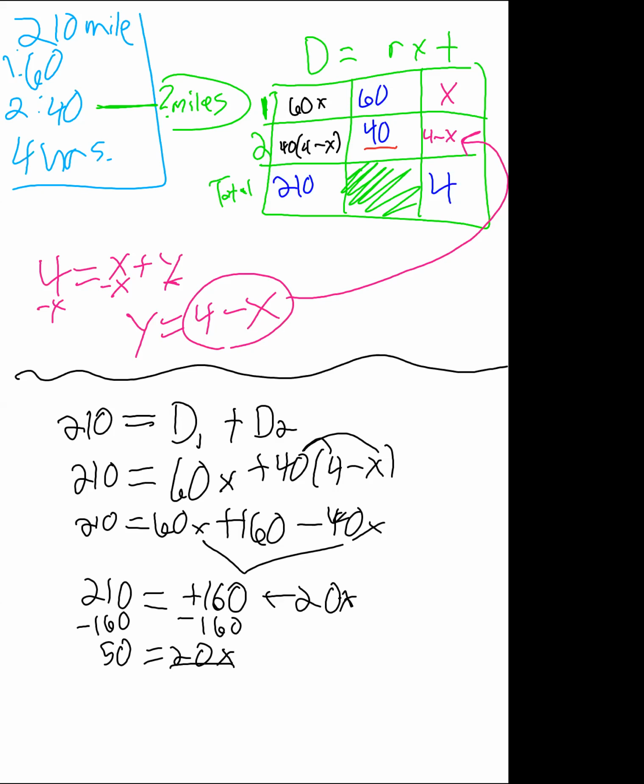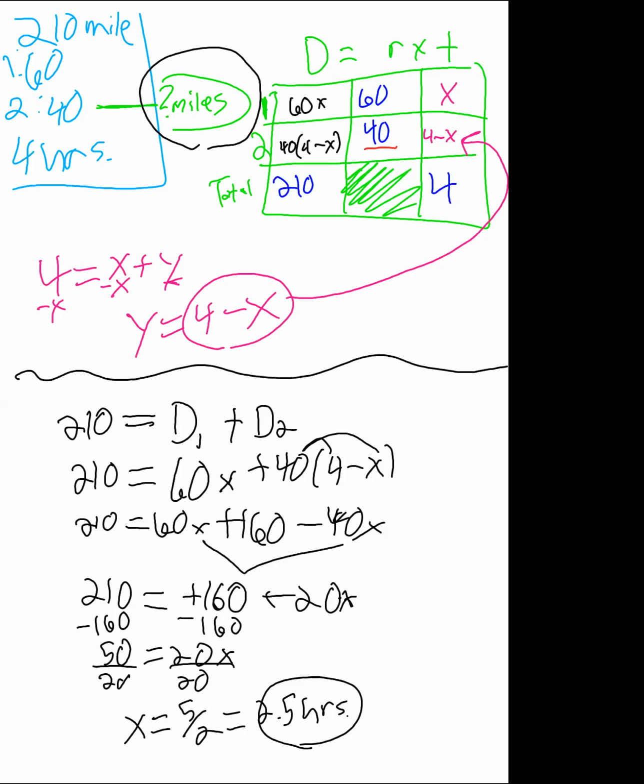And then solve for x. And now we end up with this. Now, this might look like we're done because we solved for x, right? But what were we looking for again? The total distance traveled at the slow speed.